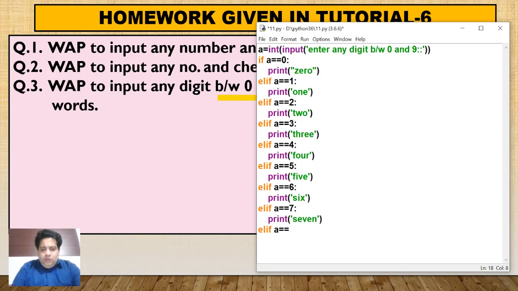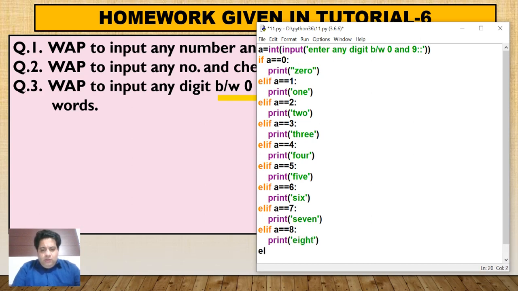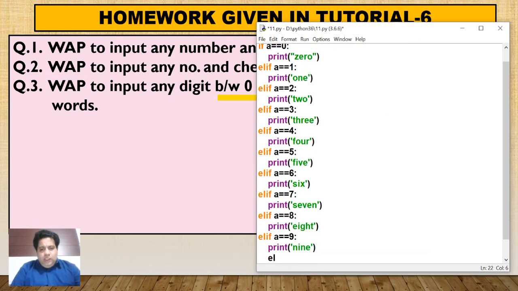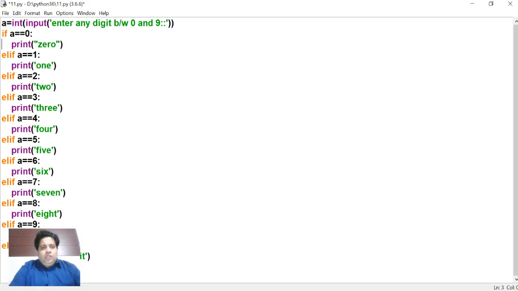Elif A equal to 8, print 8. Elif A equal to 9, print 9. And in the else part, print invalid digit. So this is the program.